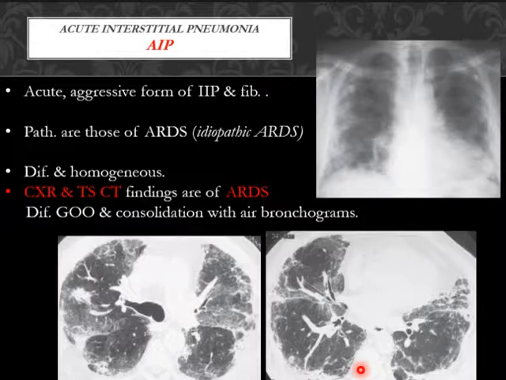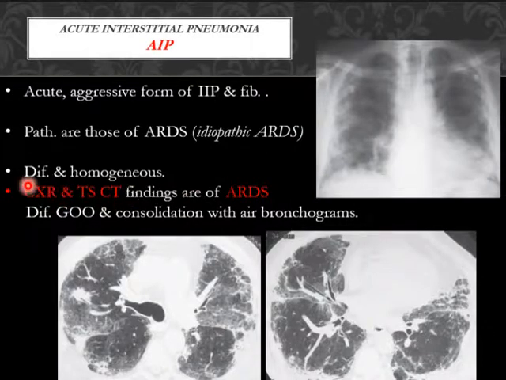Another topic of idiopathic pulmonary fibrosis is acute interstitial pneumonitis. It is an acute, aggressive form of interstitial pneumonia and fibrosis. It is pathologically like that of acute respiratory distress syndrome and sometimes regarded as idiopathic ARDS.